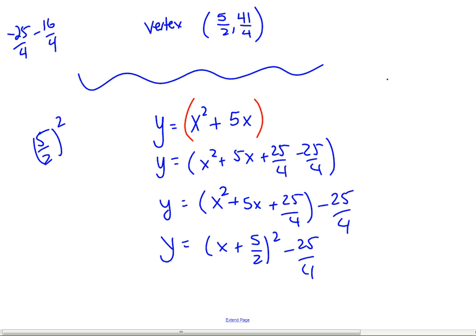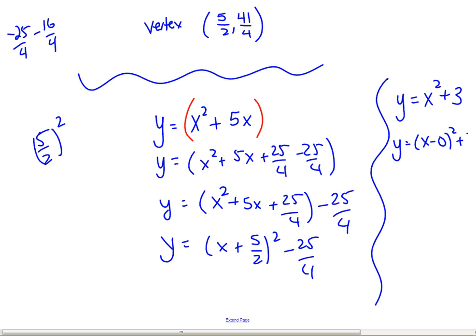Okay? If there was no x, like something like this is already in vertex form. If there's no x value, that is vertex form and standard form at the same time. Okay? So something like that, it's x minus 0 squared, right? If you compare it to this formula, it's the same thing as x minus 0 squared plus 3.